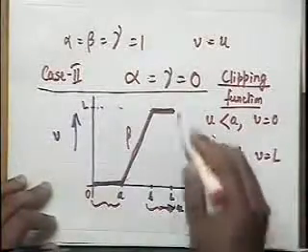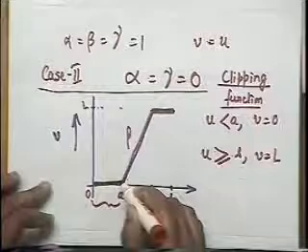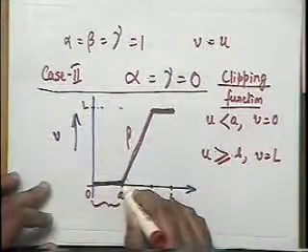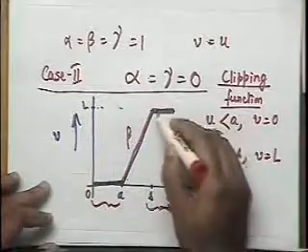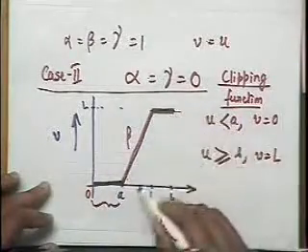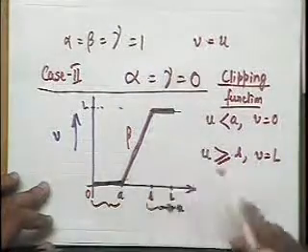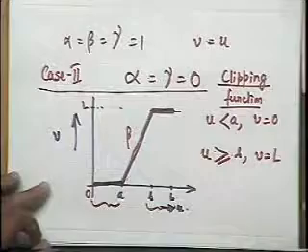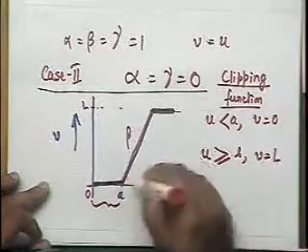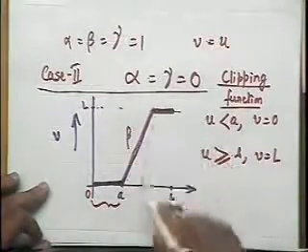One special case was where alpha, that is to say the slope of the line in the range 0 to A, was equal to 0. The slope of the line in the range B to L was also 0, and within the limits A to B we had a slope beta. So obviously beta is greater than unity, as we clearly see here, because the zone from A to B is being mapped into the grayscale values of 0 to L.